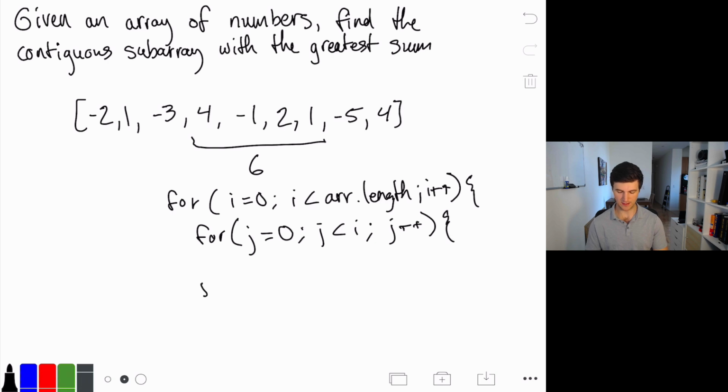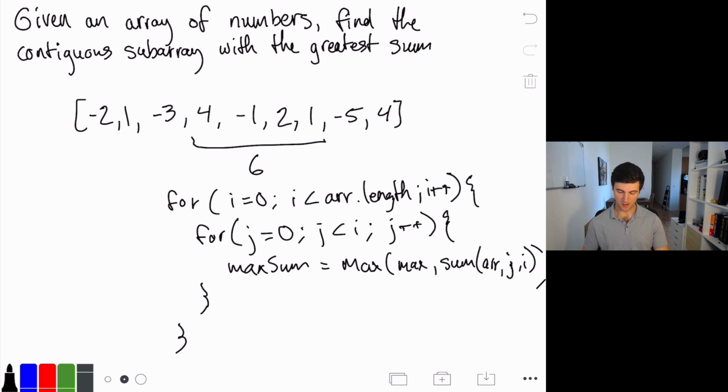For each of these, all we're going to do is max sum equals the maximum of the max sum and the sum of the array from j to i, because j is going to be less than i.